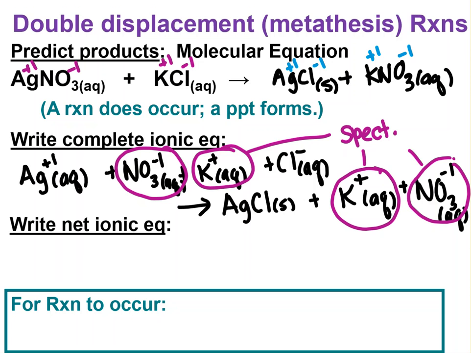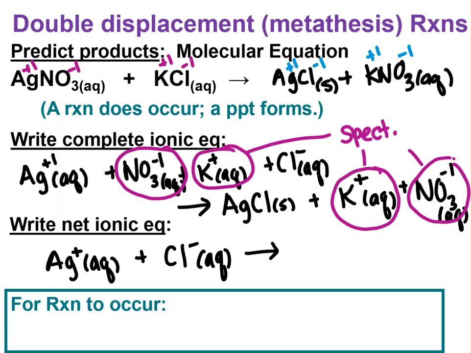Okay, so when I write my net ionic equation, I'm going to leave those out. I'm going to show what is actually reacting. A chemical reaction involves breaking and/or forming new bonds. Okay, and so that's our net ionic equation.